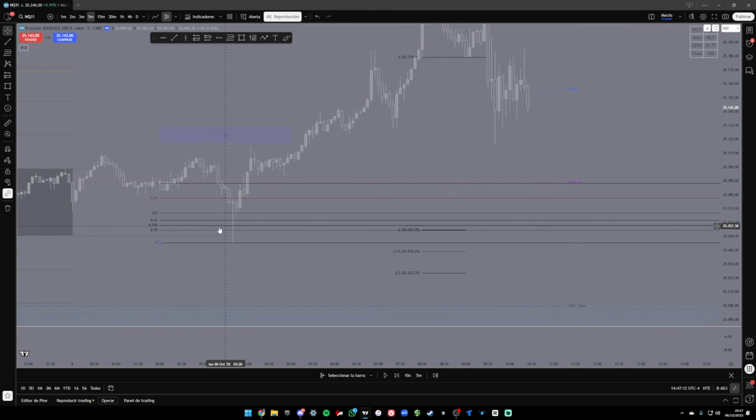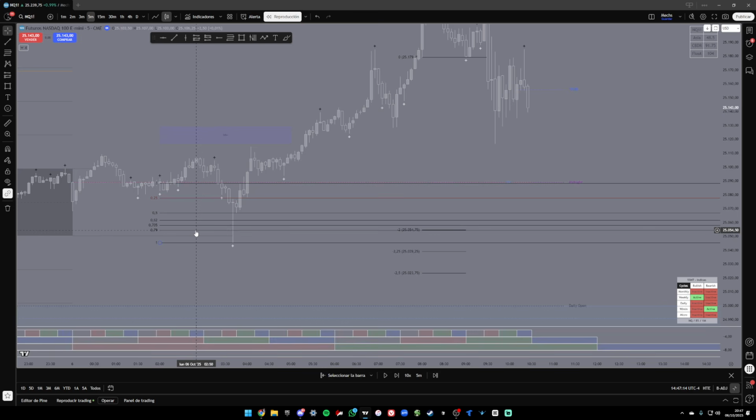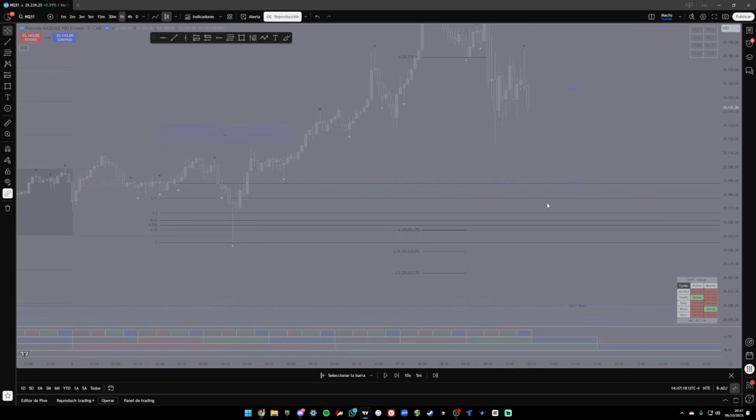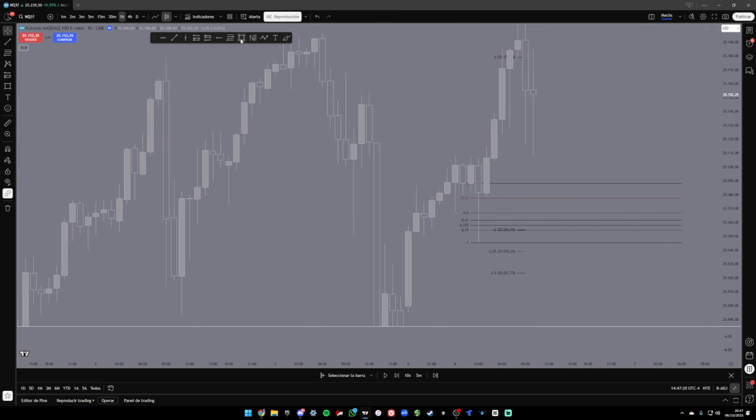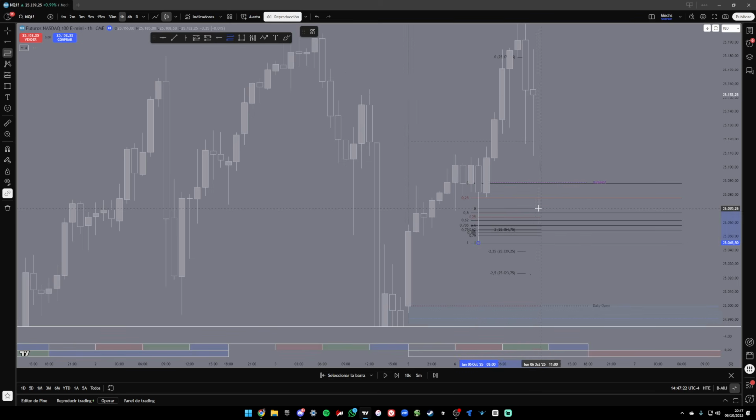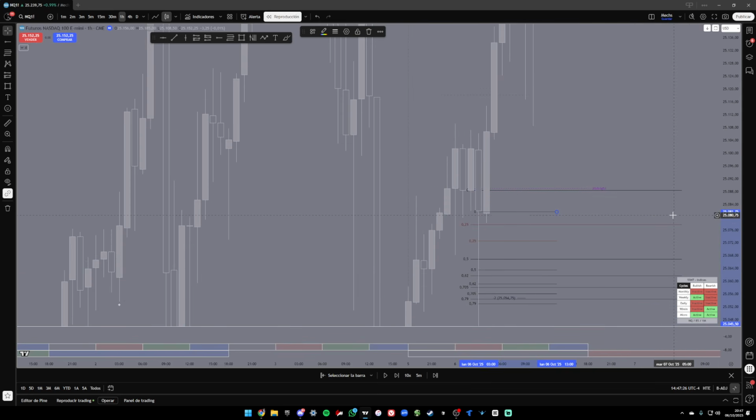If we go to the 1 hour and mark the same rejection block, on this fib we see that the level is between these two levels.